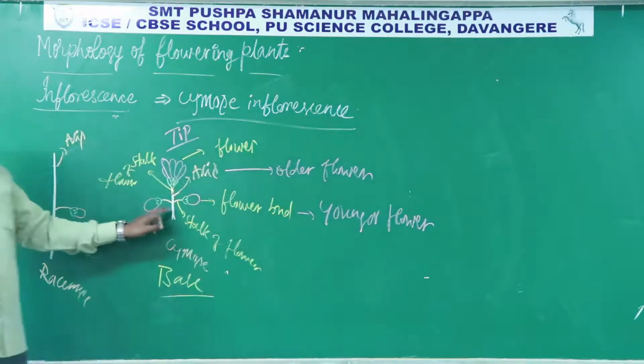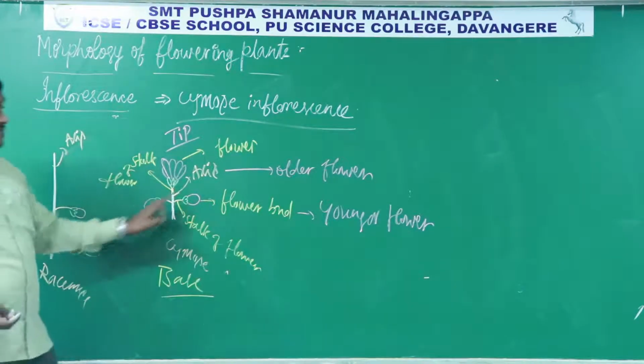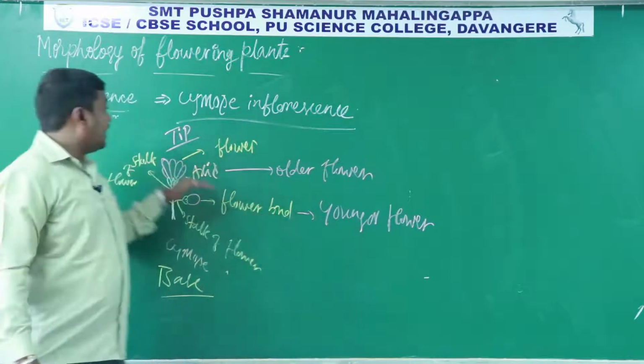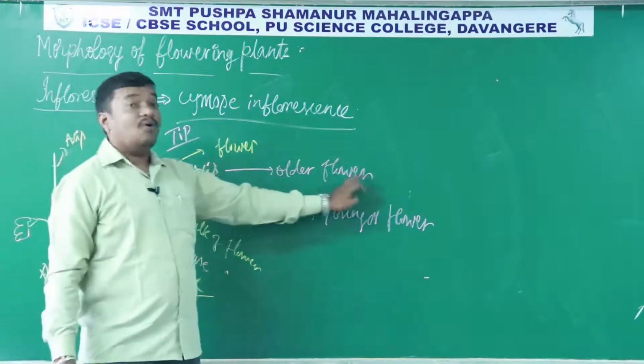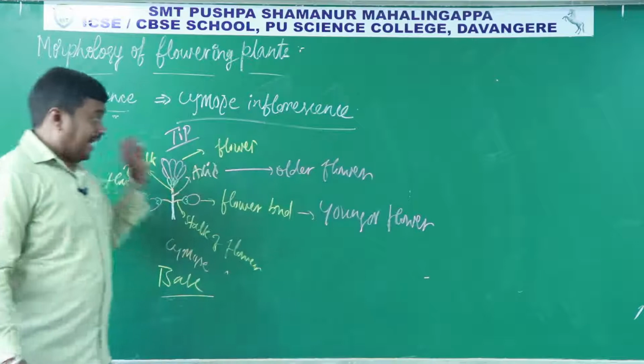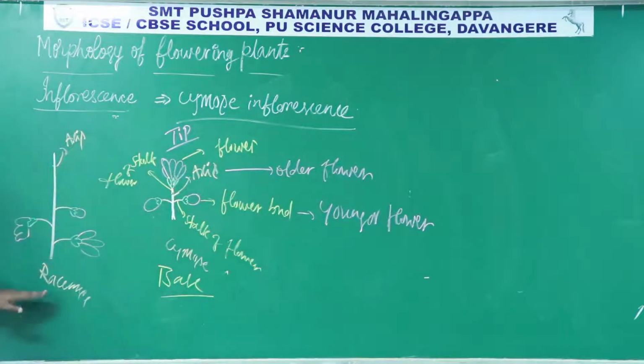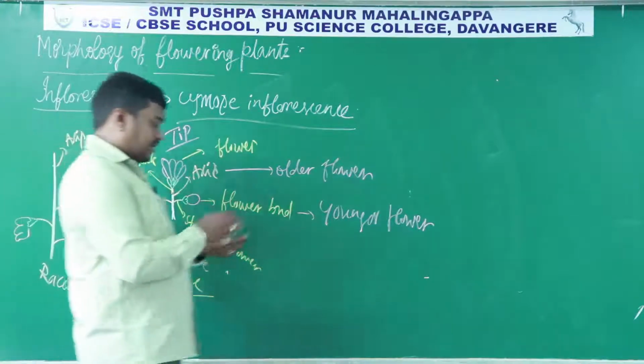So towards the base are the younger flowers and towards the tip are the older flowers. Whether it may be a racemose or a cymose inflorescence, you should consider the position of younger flowers.